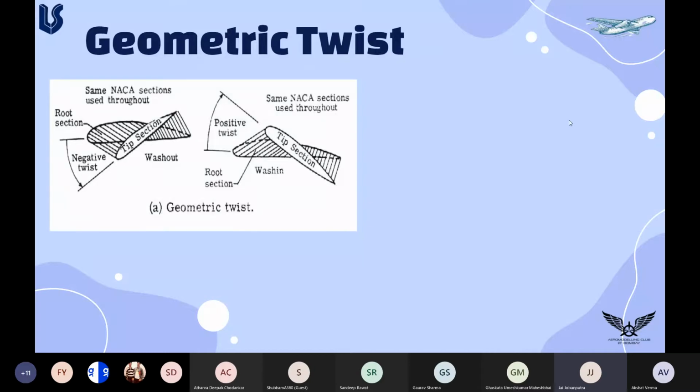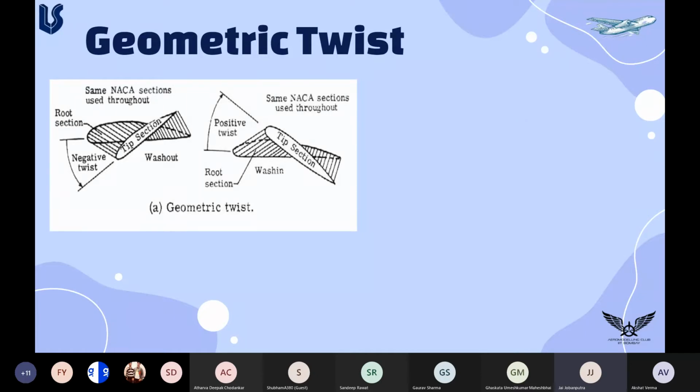For geometric twist, what exactly it is, as Shubham asked, do we use the same airfoil? Even in geometric twist, we do use the same airfoil, but across the section we keep it at different angles of incidence, not exactly angle of attack. The root section, as you can see in the image, will be at a particular angle, and the tip section will be at a negative twist.